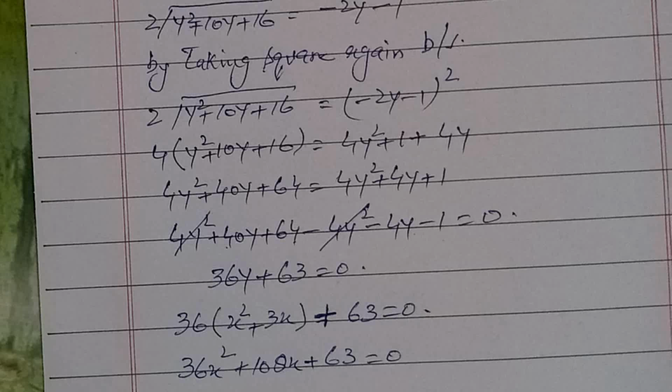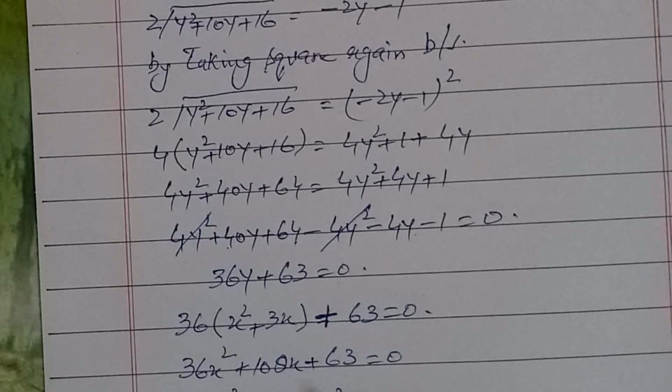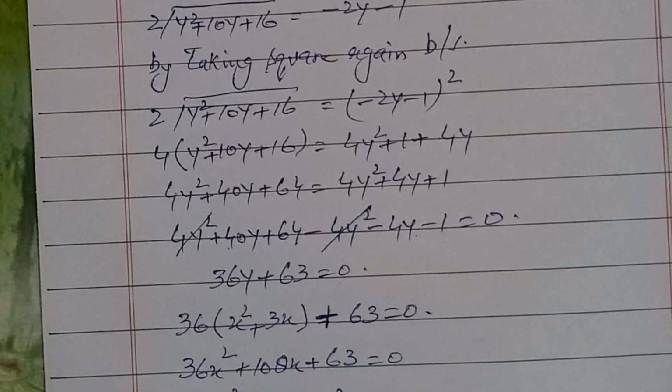Now we take common 9 and divide by 9 on both sides, and we get 4x square plus 12x plus 7 is equal to 0.